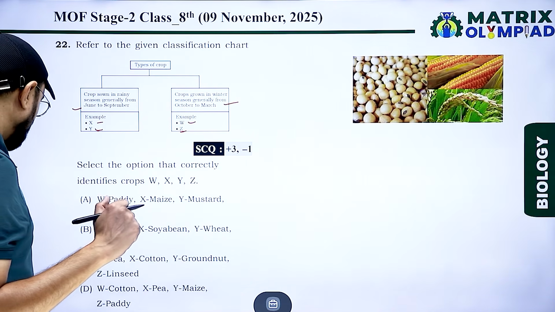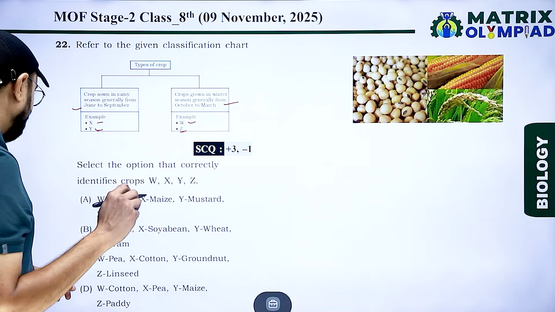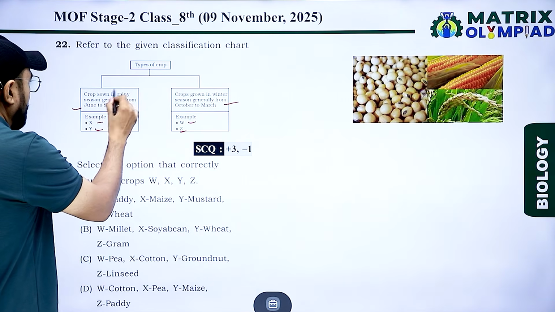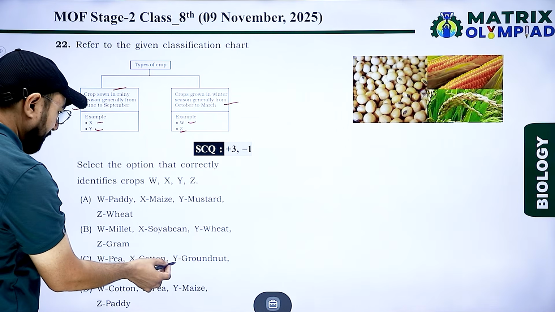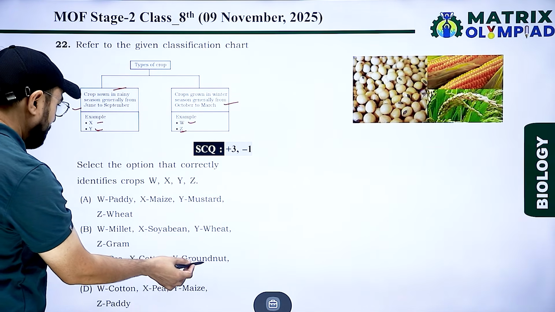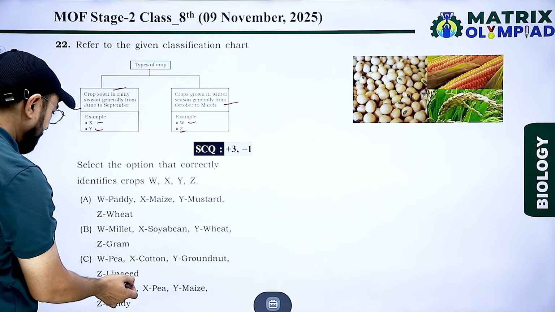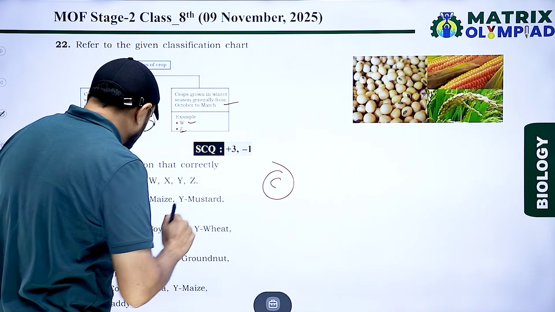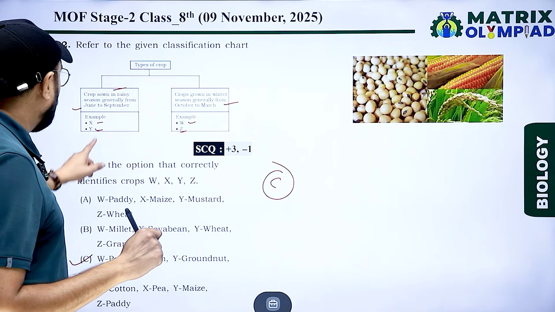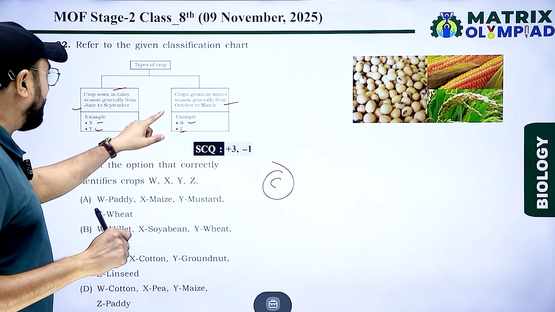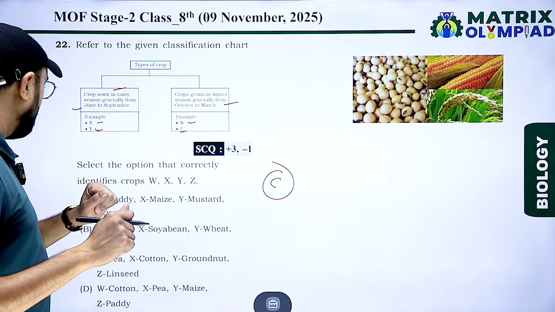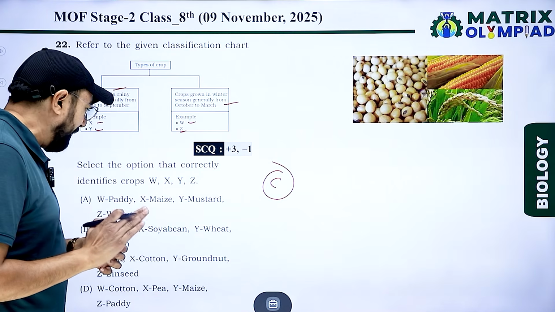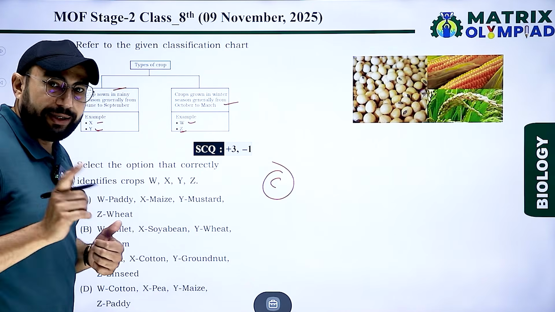Option C is right according to the type of crop and given season. So W is paddy, X cotton, Y groundnut and Z linseed.